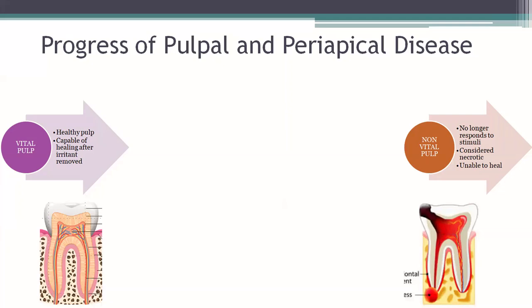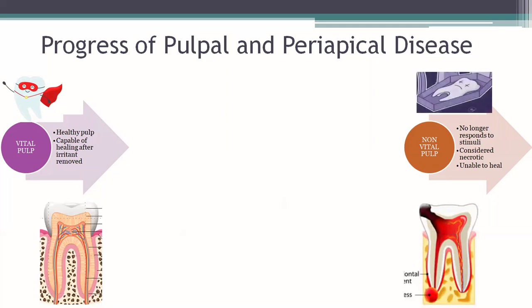When you are dead, you're unable to feel anything. For that, I have this little guy here. With the vital pulp, you have a happy, strong tooth ready to fight any stimuli that come to encounter him. On the other side, we have a dead tooth. He can no longer respond or feel anything.